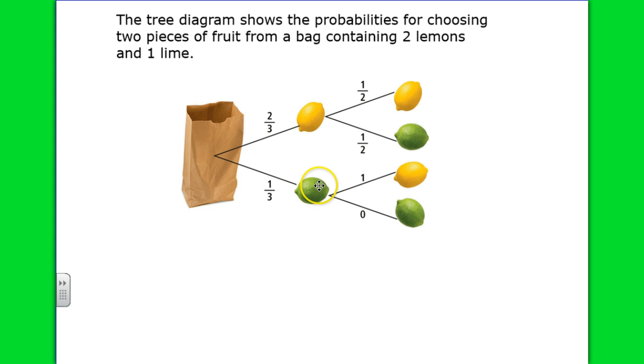So if you pull a lime out, look what happens. Is it possible for you to pull another lime out? No, because we said there was only 1 lime and 2 lemons. So if you pull out a lime, the probability that you'll pull a second one is 0, right? 0 out of the 2 now, rather than 3. There's only 2 pieces of fruit after we pull the first out and keep it out. But if we look up here at pulling out a lemon, the probability was 2/3, right?